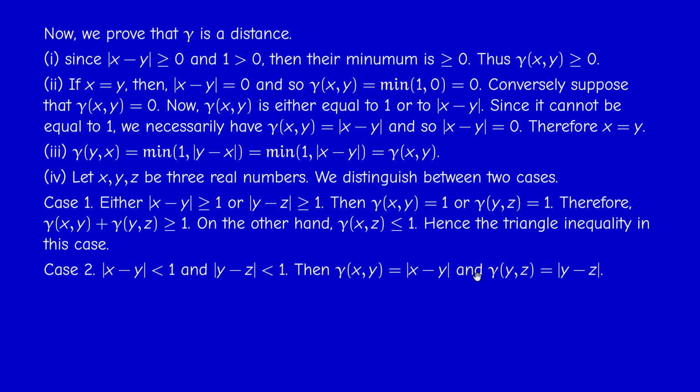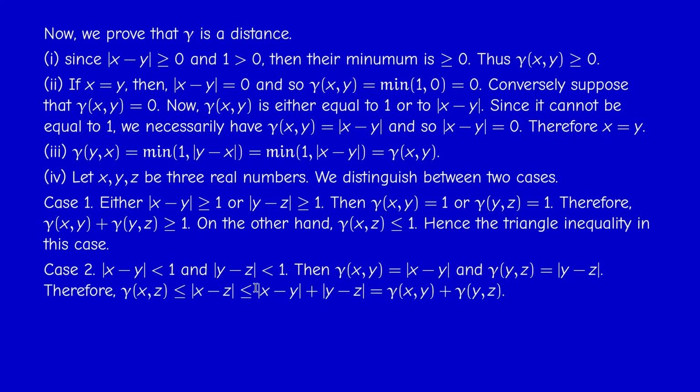And now observe that here we have and, not or. And gamma of yz is exactly equal to y minus z in absolute value. And now we are almost done, because gamma of xz, as you observed before, is always less than the absolute value of x minus z, because it's the minimum between this and 1.